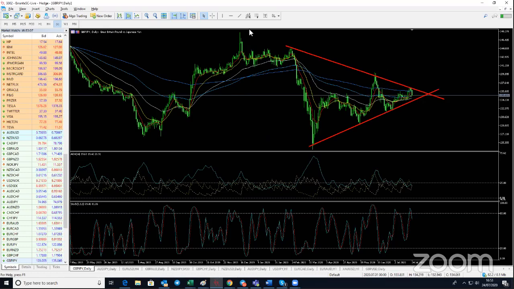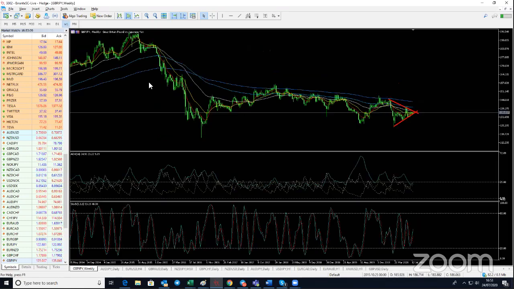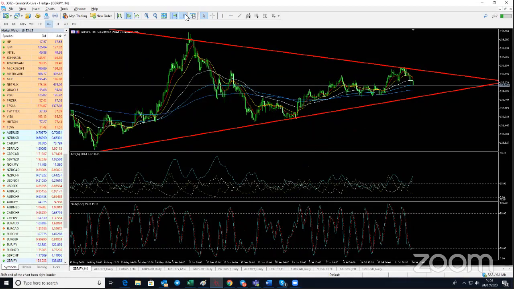Let's see. And if I go on to the weekly chart as well, it looks like it's heading a bit lower. What about the 4-hour chart? It seems to be breaking through the moving averages as well. If it wants to buy, it will buy low at that area right there.